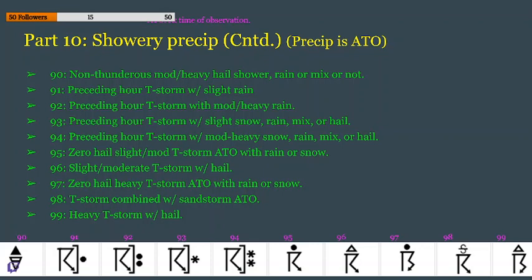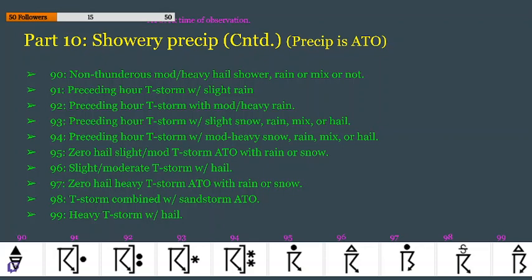95, you have a zero hail light to moderate thunderstorm at time of observation with rain or snow. Number 96 is a slight to moderate thunderstorm with hail, which is actually correct. 97 is a zero hail heavy thunderstorm with rain or snow, which is certainly possible. 98 is a thunderstorm combined with a sandstorm, which is certainly possible, especially in the desert southwest of the United States, because if you remember, thunderstorms have an updraft and a downdraft.